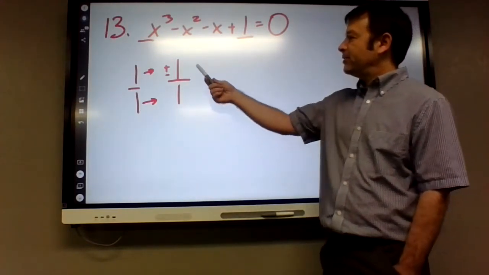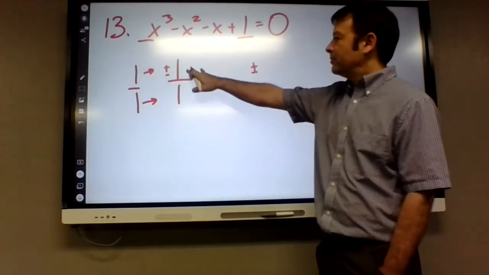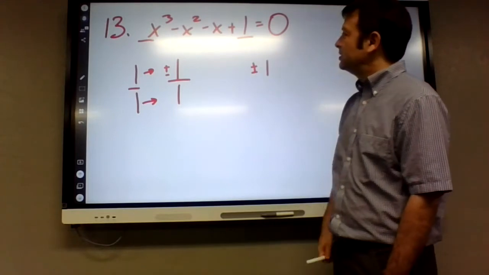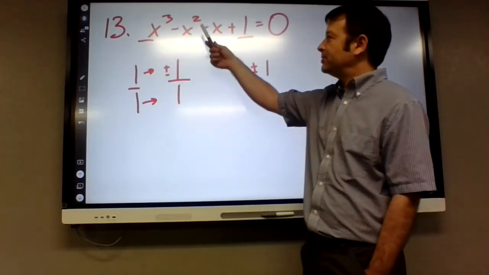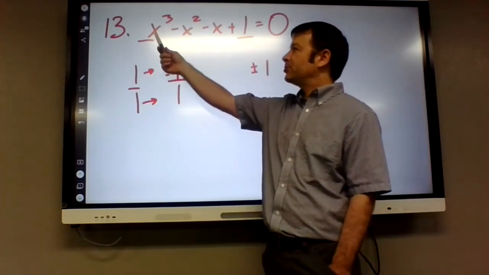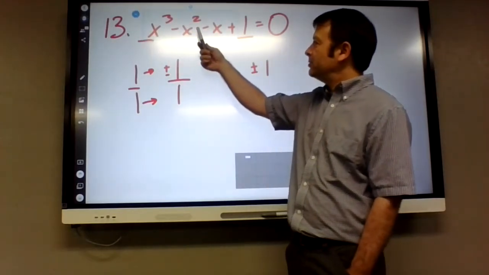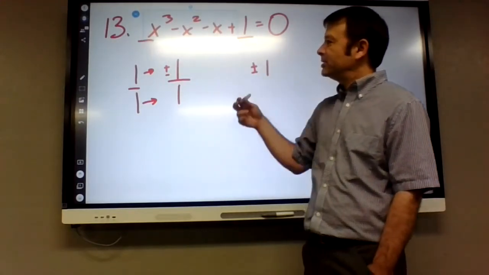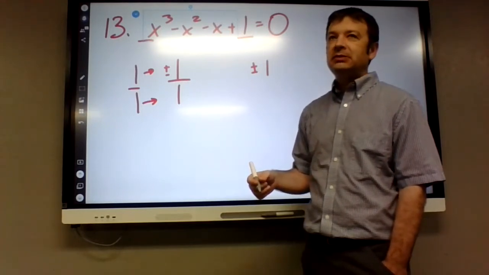So, how can I tell whether this is an answer or not? 1 over 1 is just 1, so, well, you can just plug it in. You could use synthetic substitution if you wanted to. This one would be easy to plug in 1, because what's 1 cubed? 1 minus 1 minus 1 plus 1. Is that a solution? Yes.